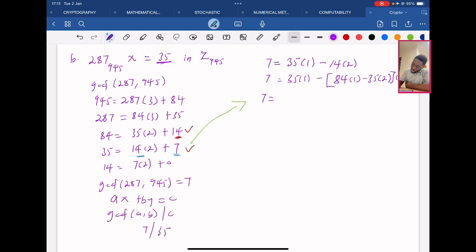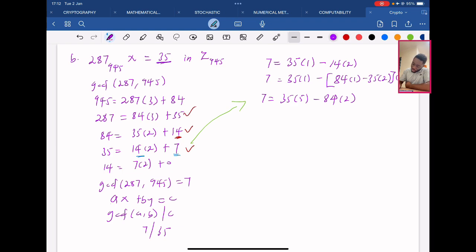Now, if we expand this, we are going to get 35 times 5, minus 84 times 2. Okay. So we move on to the next remainder, which is 35.